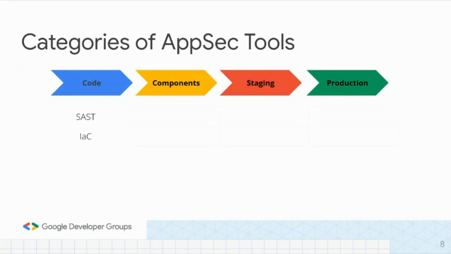They check the code, and if something is wrong with the code, they detect it and show it to you. They usually look for signatures or patterns already published by CVEs and CWEs and other standards for publishing security vulnerabilities and weaknesses.